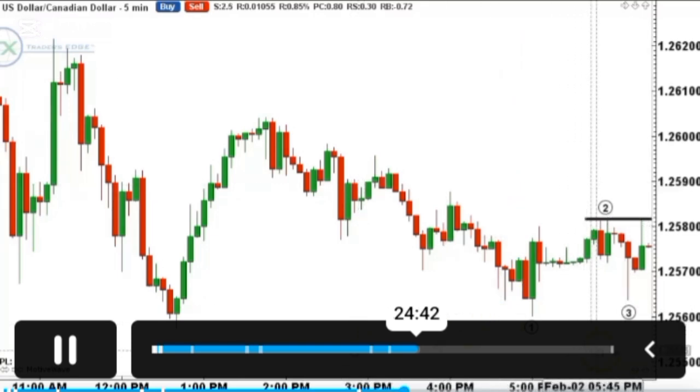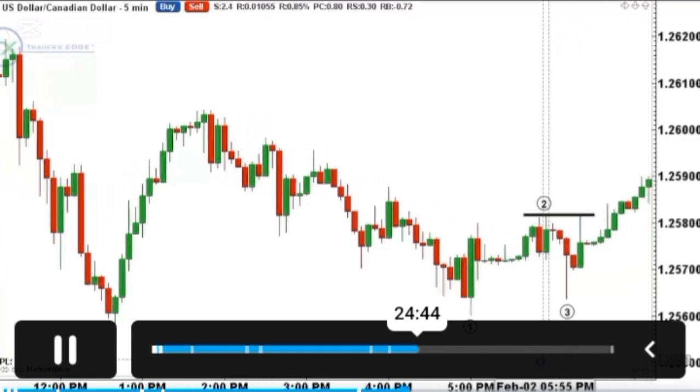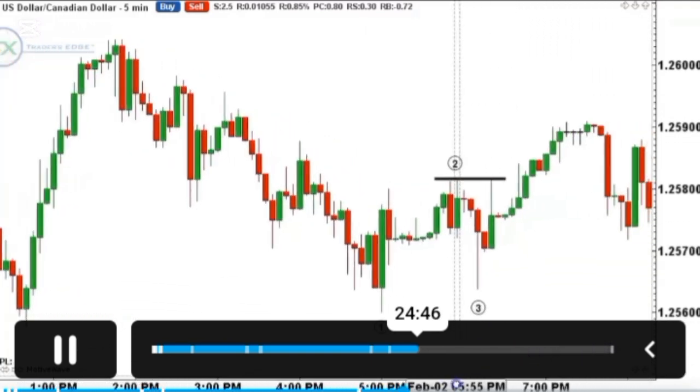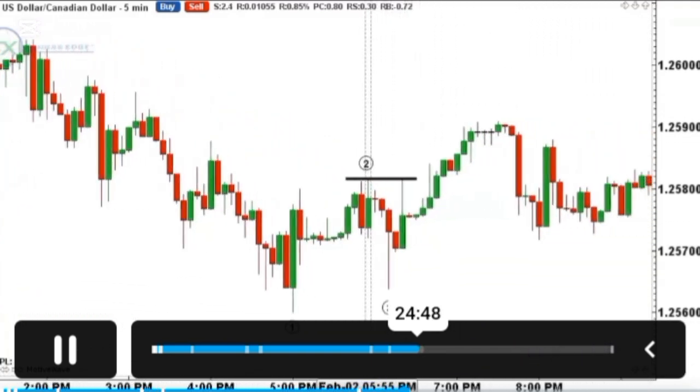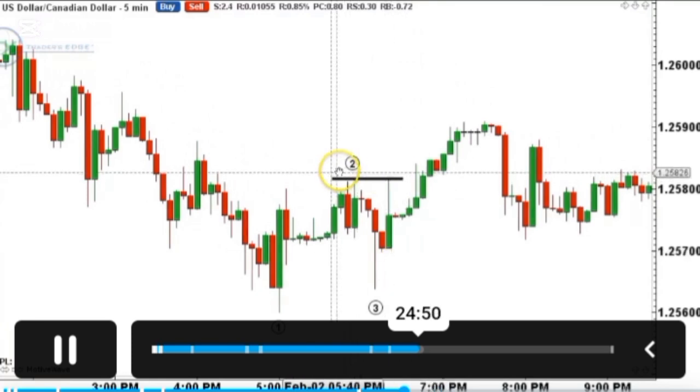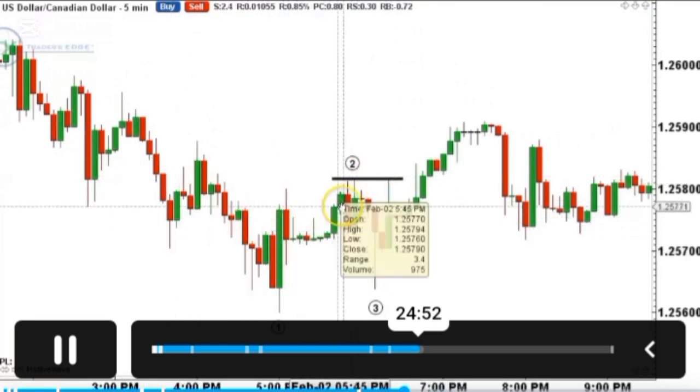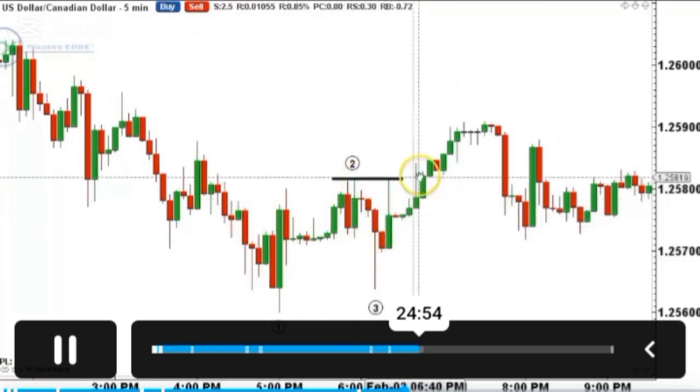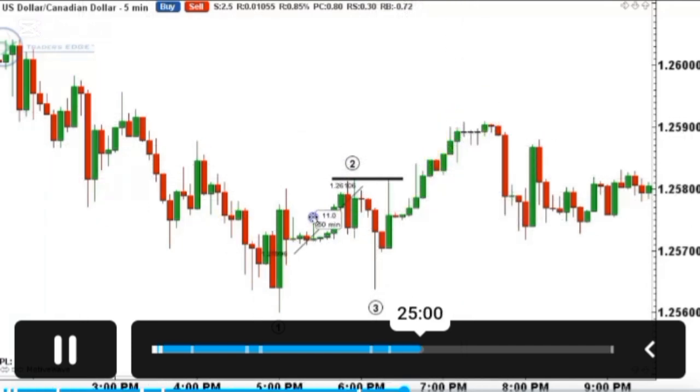Okay, in this case, let's measure the distance between 2 and 3 to see if the profit target is hit. It doesn't look like it is hit. Let's just measure that.